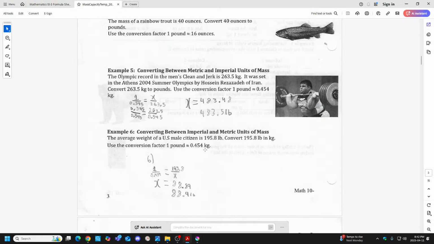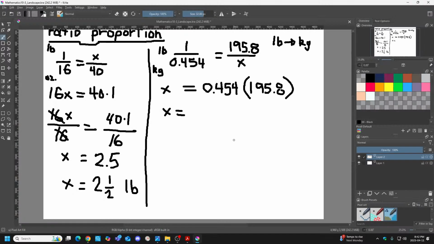Just double check. It doesn't hurt to double check. 195.8. If you double check, just quickly, don't spend a lot of time double checking, but just make sure you have the right correct values, everything's consistent. If you make a mistake, there's nothing wrong with it. You've caught your mistake, and that's the important thing.